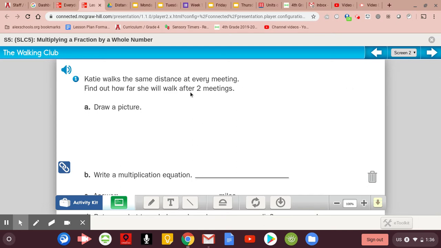We have to find 2 meetings. So I'm going to click my little drawing tool here, and I'm going to draw a picture. I think I'm going to use fraction circles. So I'm going to draw a circle, and I know it's not pretty. I'm going to split it into thirds because she walks 2/3 for 1 meeting.